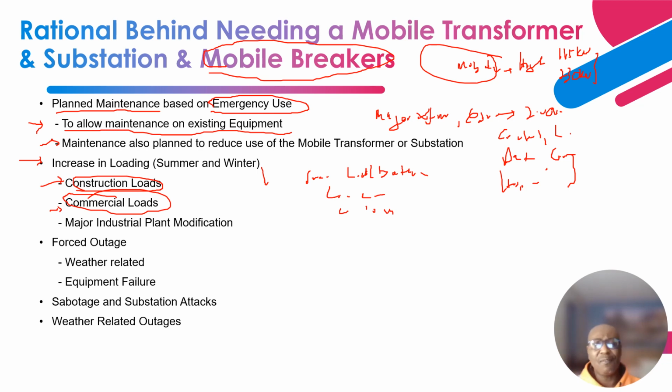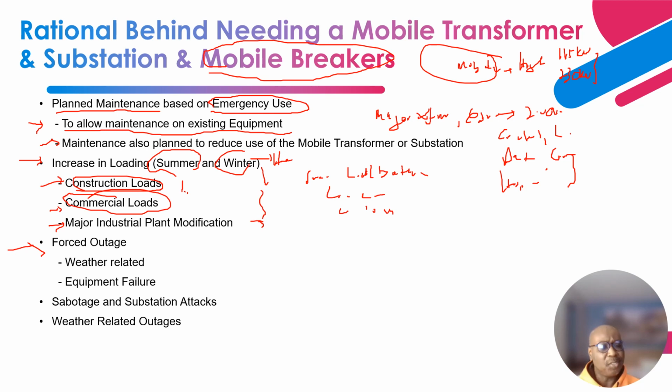And sometimes existing industrial facilities perform a modification, adding major infrastructure, and that can result in an increase in loading, and that has to be accounted for. On the other hand, there's the regular increasing loading during summer, right? Summer load, like I indicated, is the air conditioning loads, and winter is heating, and that needs to be accounted for.